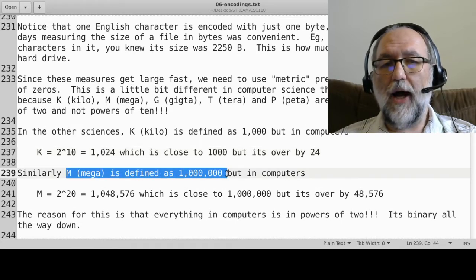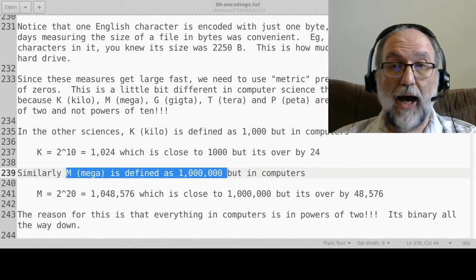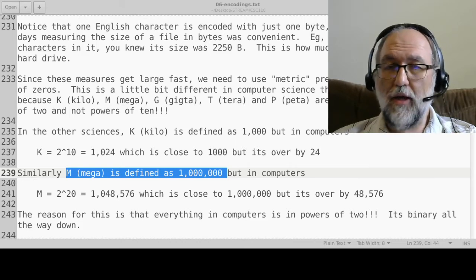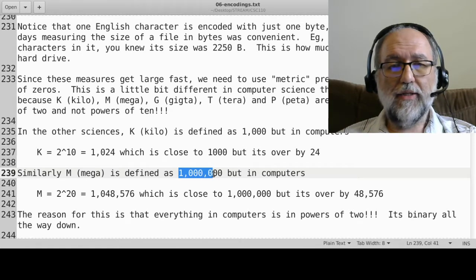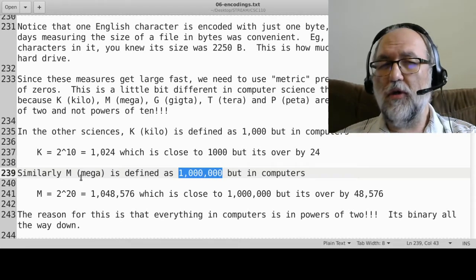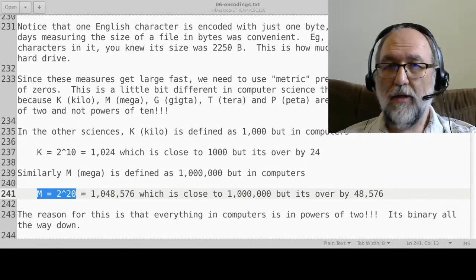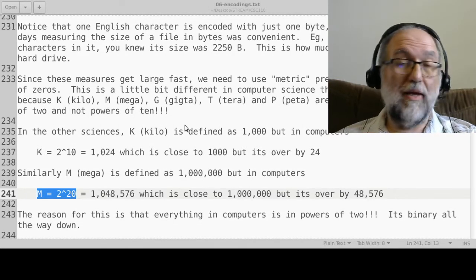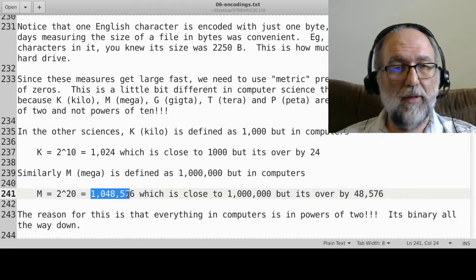Similarly, in other sciences, like physics, chemistry, and so on, mega is defined as 1,000,000, and 1,000,000, of course, is a 1 followed by 6 zeros. But in computers, mega is defined as 2 to the 20. Now, 2 to the 20 means 2 multiplied by itself 20 times. It's close to 1,000,000, but it's a little bit over.